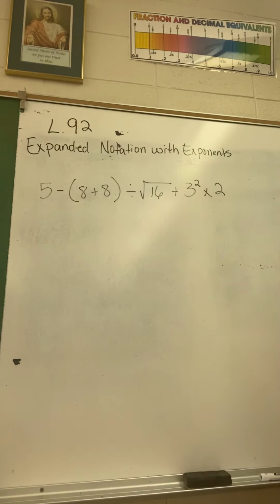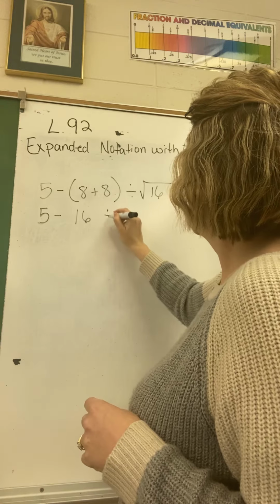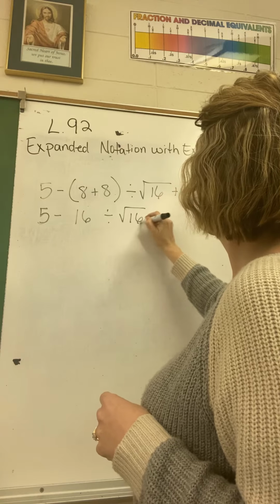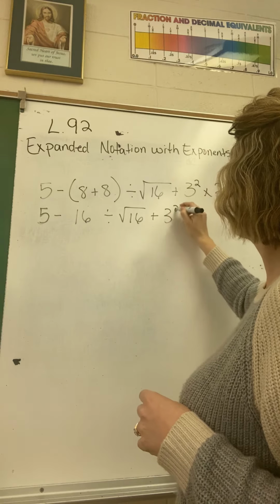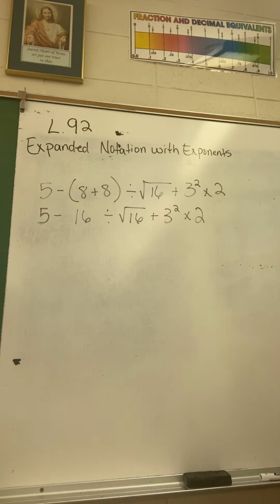We go in order. Parentheses first. We copy down everything that's outside of the parentheses. So 5 minus, then we figure out the parentheses: 8 plus 8, 16, divided by the square root of 16 plus 3 squared times 2. Then we simplify it further.